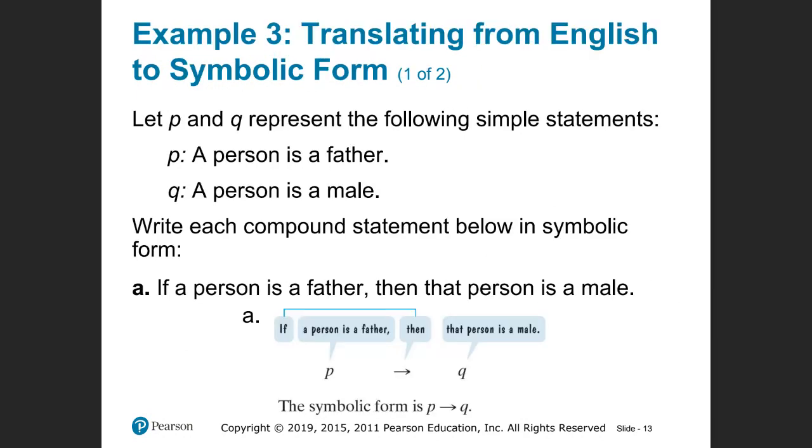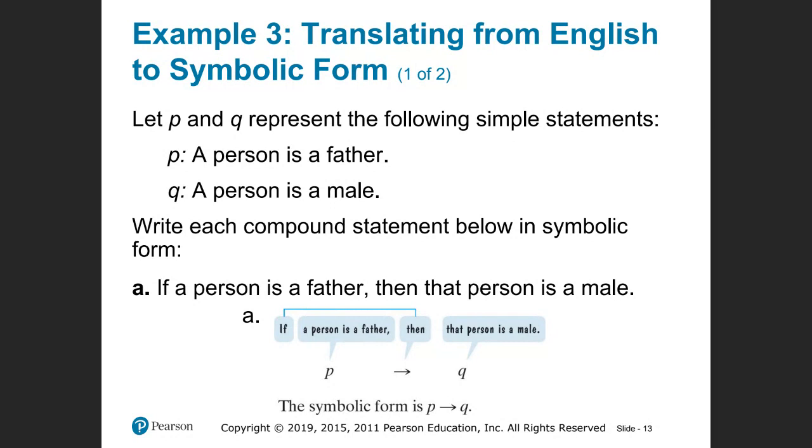Example 3, translating from English to symbolic form. We're going to have different P's and Q's again. Let P be the statement, a person is a father, and Q be a statement, a person is a male. So we're going to write each compound statement below in symbolic form. If a person is a father, then that person is a male.